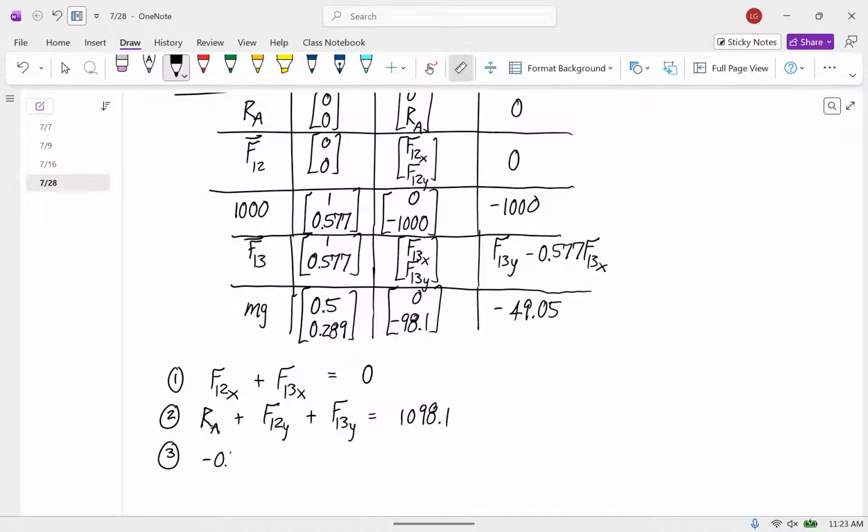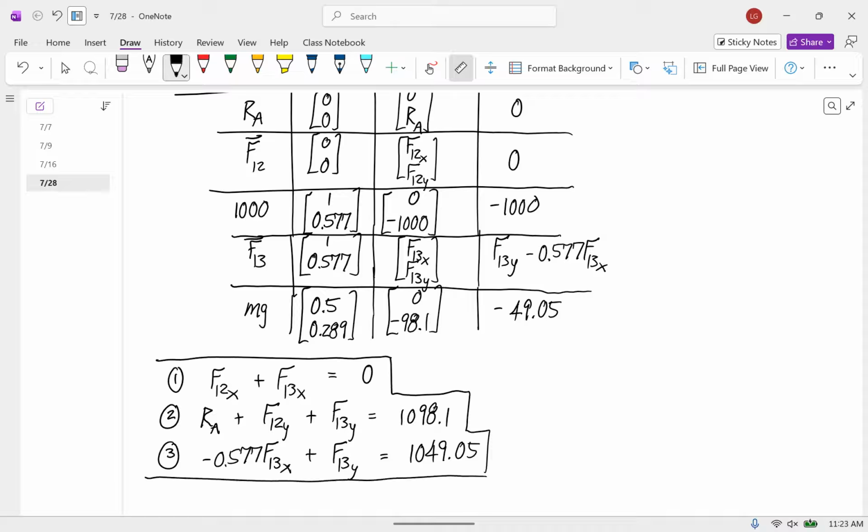So we have negative 0.577 F13x plus F13y is equal to positive 1049.05. Any questions about that?